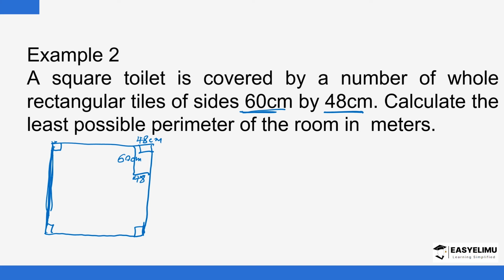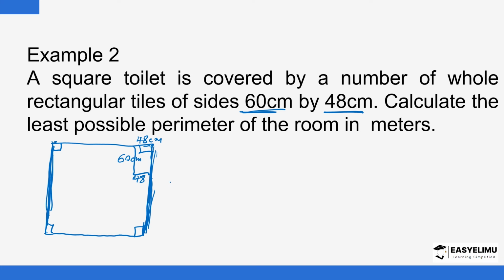So what is the question? Calculate the least possible perimeter of the room. So we are finding the length of a room that can accommodate 60 lengths and the same length, because what you have learned about perimeter is that all the sides are the same.